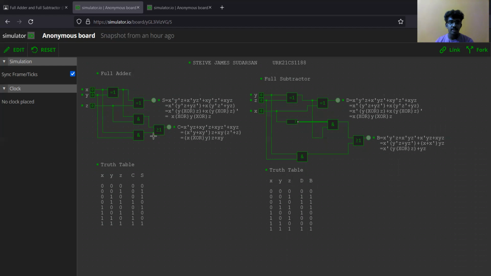Now we are merging these two into an OR gate to represent the plus symbol. So we get the same formula of x XOR y into z plus x y, which is nothing but the carryover here. Now we can go to the full subtractor procedure.